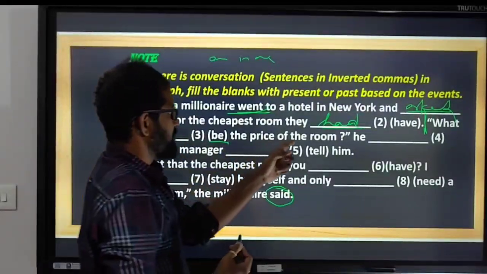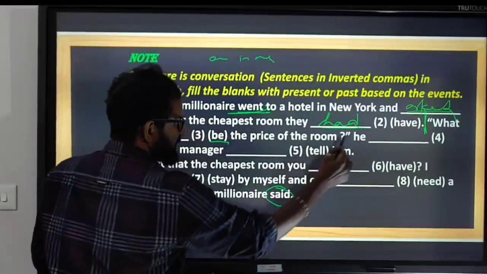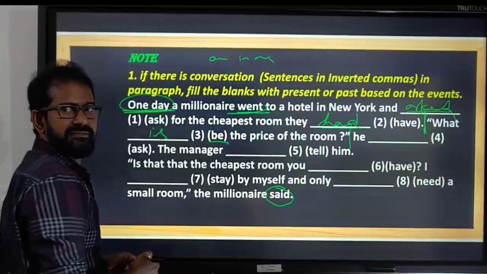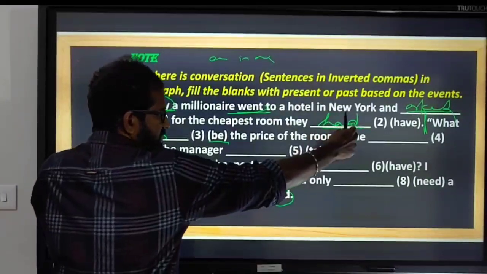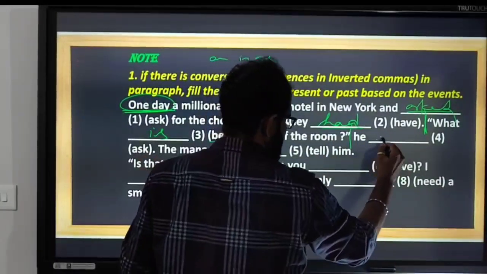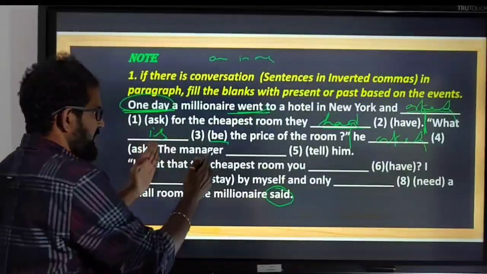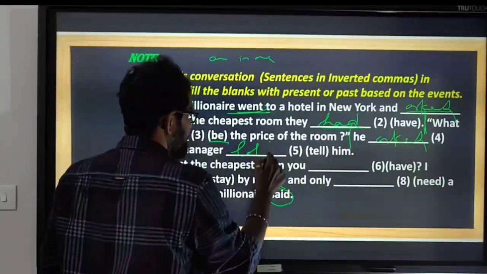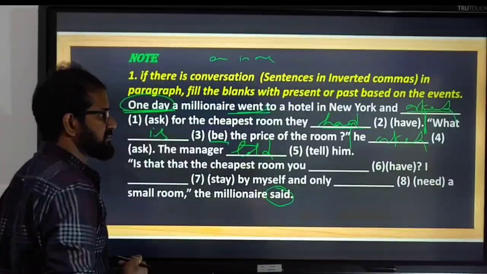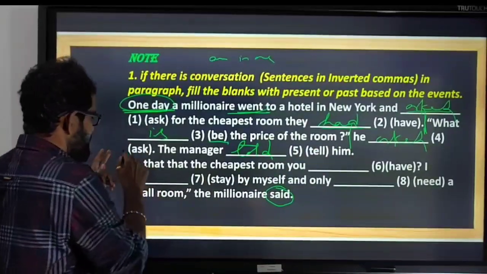What is the price of the room? The conversation completed here. Sentences in inverted commas completed here. Again we go back to the past. Asked. Please stop. The manager told. Past tense. The manager told him. Again conversation began.